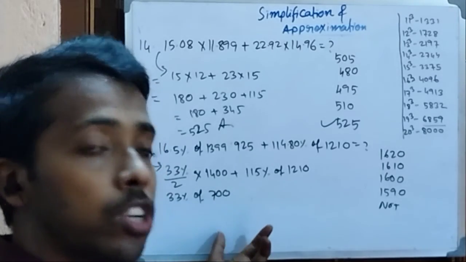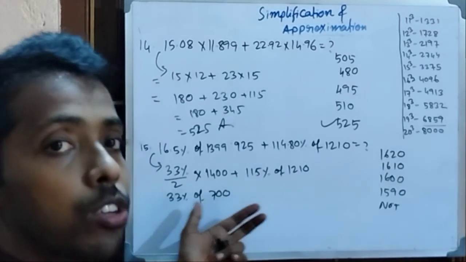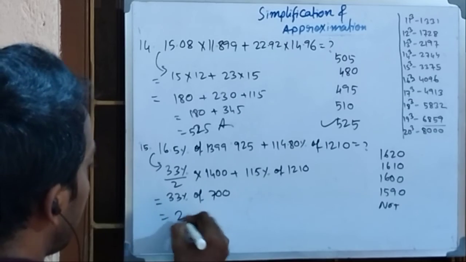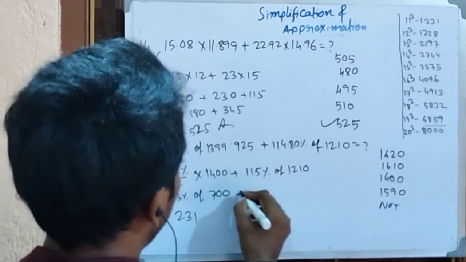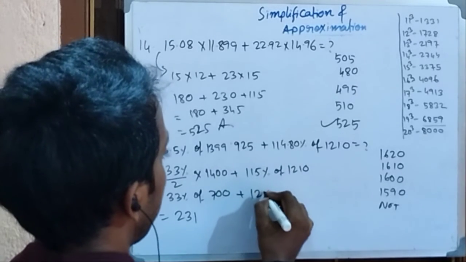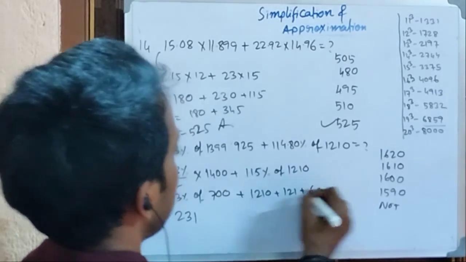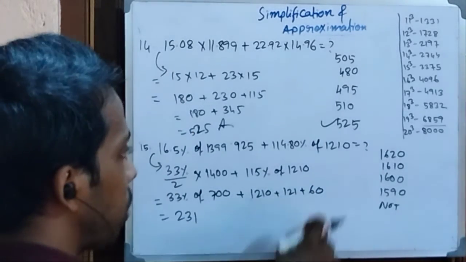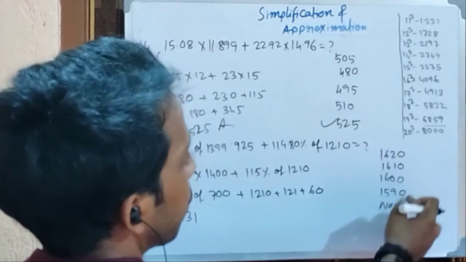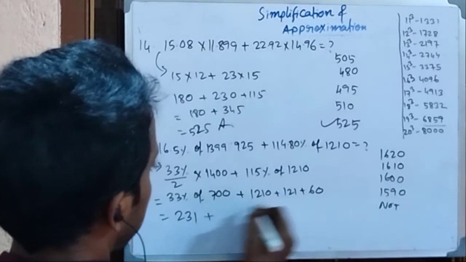So 700% of 33 means multiply the base number by 7. So 33 into 7, 231 is the answer here for this particular set. 231, and what comes from this factor? 100% of 1210, definitely 1210. 10% is 121. 5% just 60 I am taking. Not going into the decimal part. And this is also not needed. A difference of 10 is there, so you can easily get the correct answer.